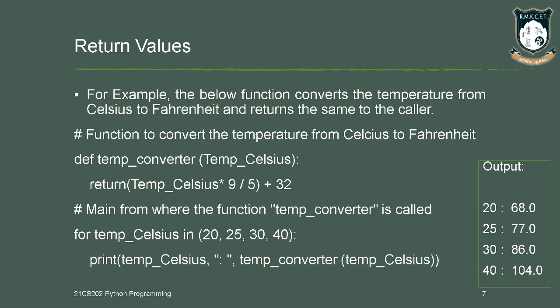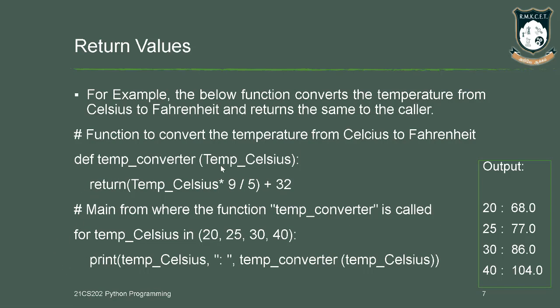In the main program, you can see we are using the iteration for temp Celsius in, with a set of values: 20, 25, 30 and 40. Each and every value will be passed through this function call. 20 will be passed through the function call, and in the function definition 20 will be taken for processing, and the result 68 will be generated and passed back to this print statement.